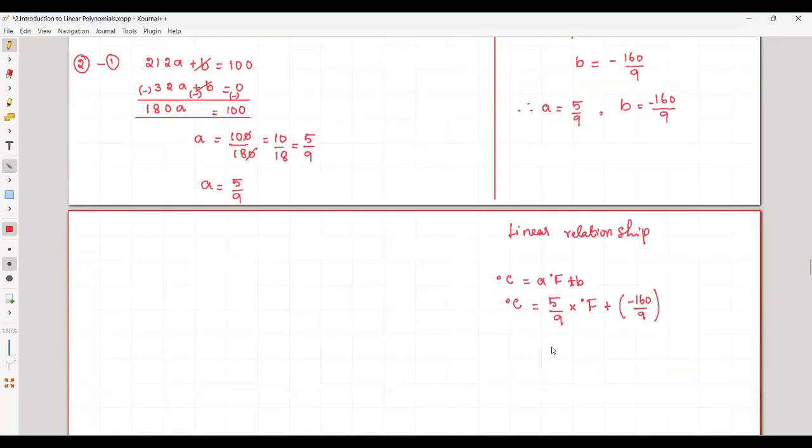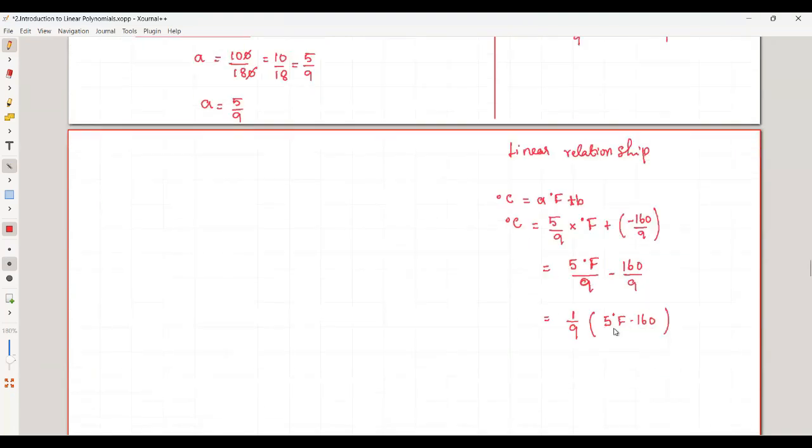Now we can simplify it, right? So what will come? 5 degree Fahrenheit divided by 9 plus, plus into minus is minus, so minus 160 divided by 9.